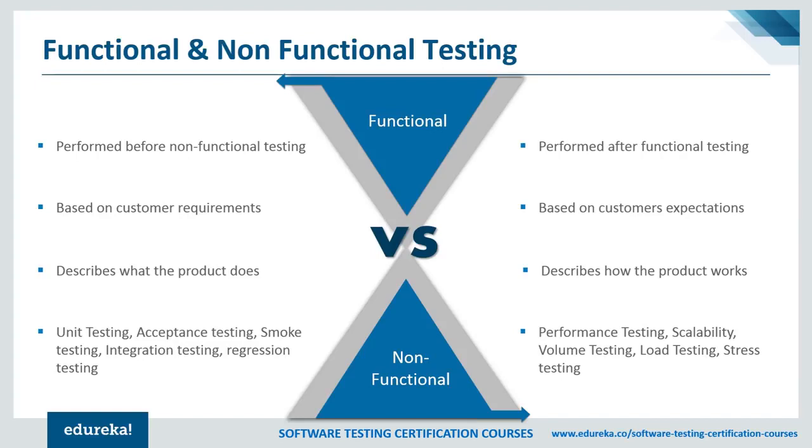Examples of functional testing are unit testing, acceptance, smoke testing, integration and regression testing. Non-functional testing includes performance testing, volume testing, scalability, load testing, strain and stress testing, etc. So these are the differences between functional and non-functional testing.